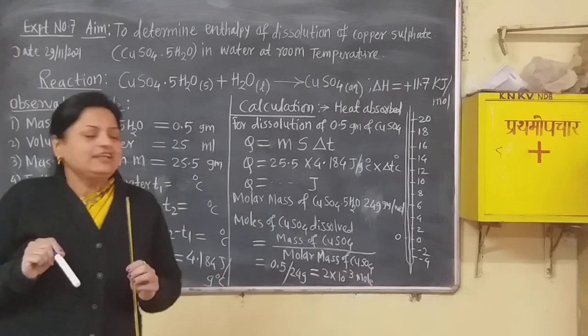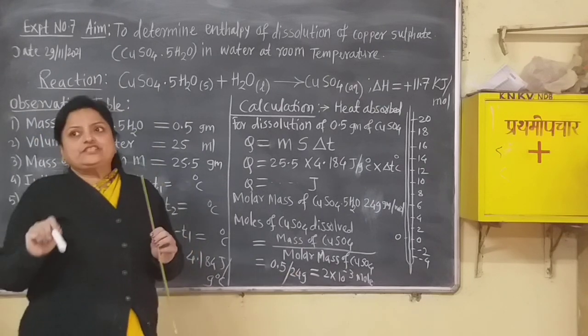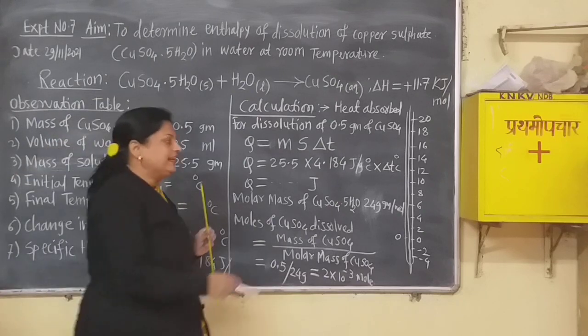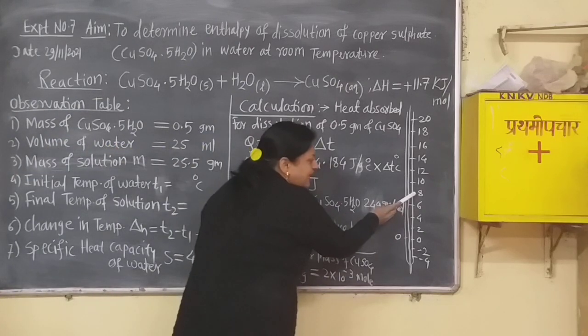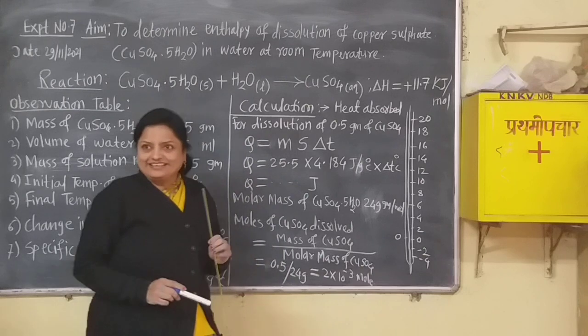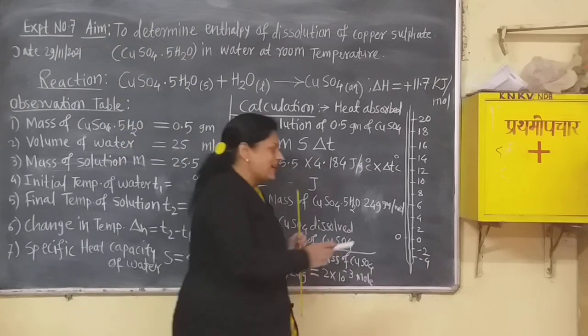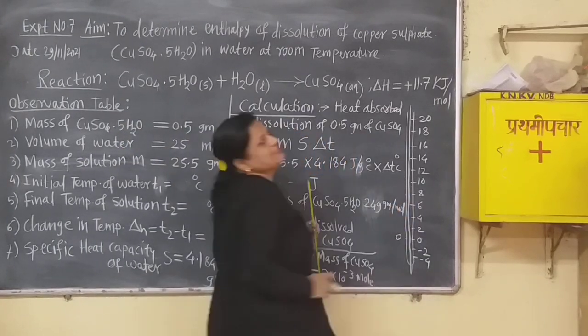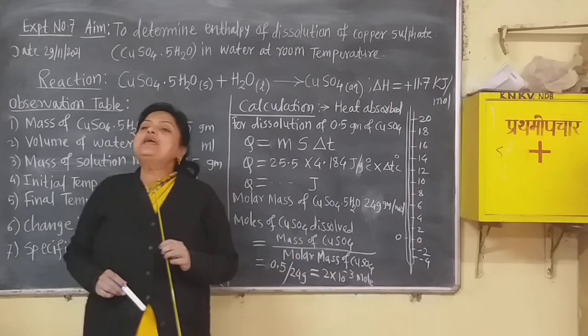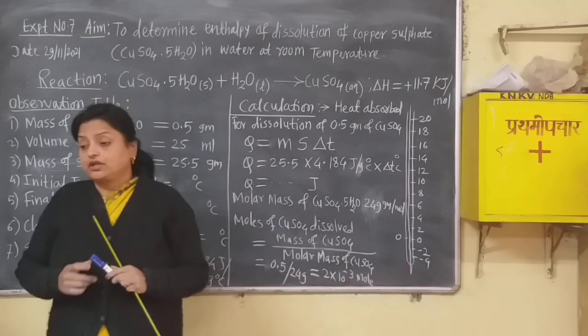Then tell me, suppose the thermometer shows the reading in between 8 and 10, and that is the fifth line, then how many degrees is the temperature?